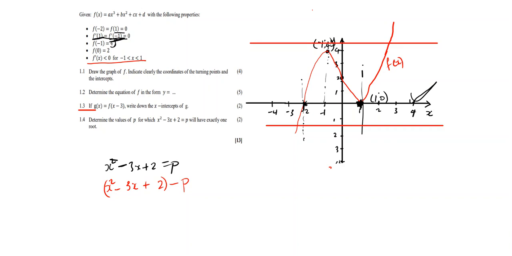So what should be this value of P that we get to subtract with so that this graph is cut at one place? It's more like we're dealing with the vertical shifting of the graph. So what we simply do so that at the end of the day we have one value of x here, you will check, okay, if a value of P that I get to subtract with is more than 4, meaning that I will have 4 minus 5 maybe, it will end up giving me a negative value of the turning point.